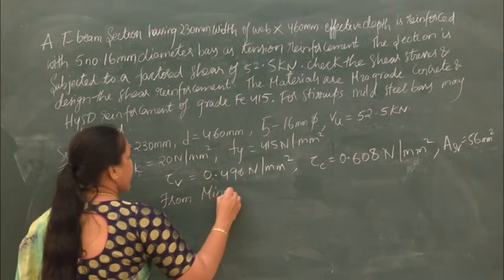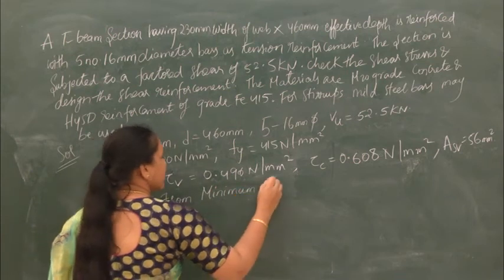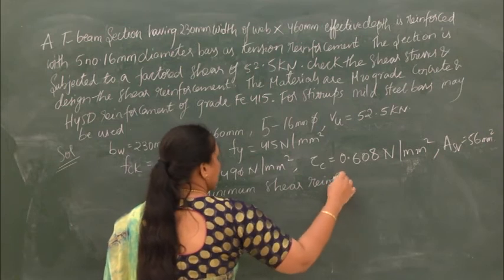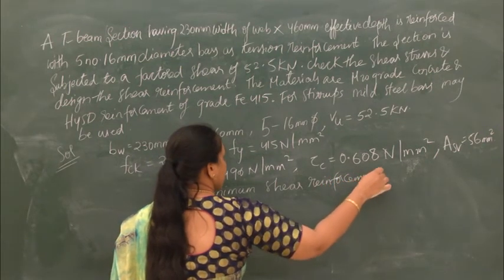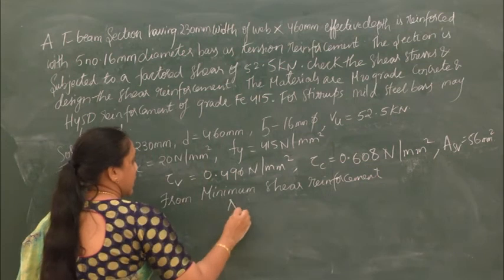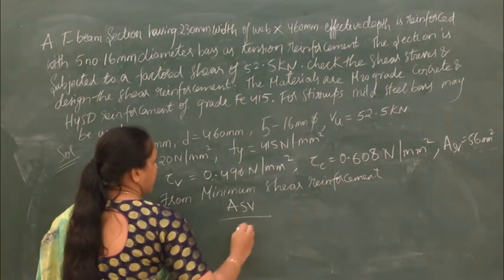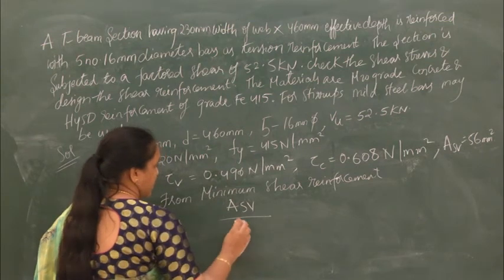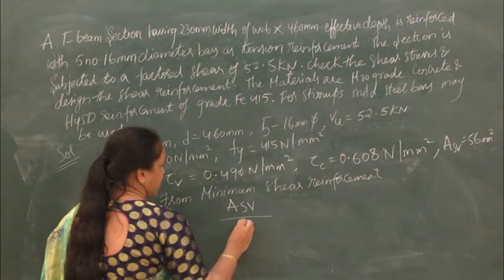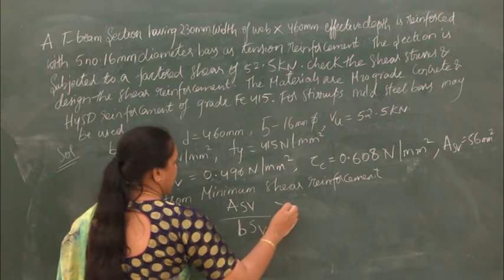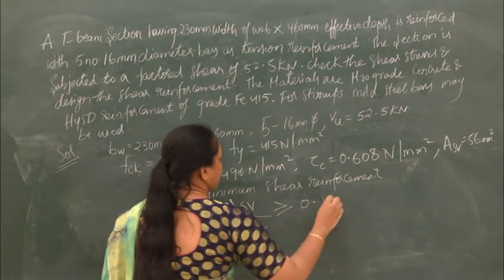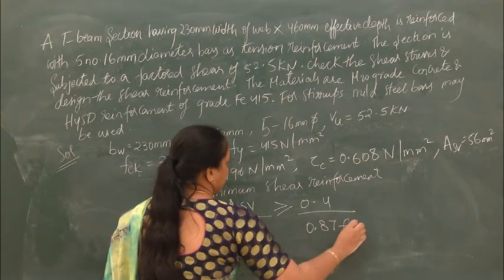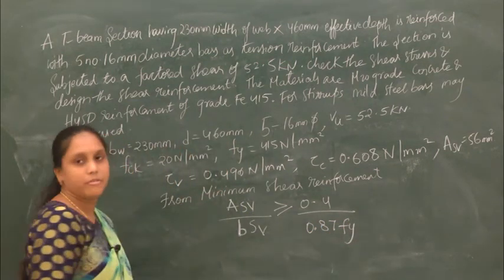Now we have to provide the minimum shear reinforcement. So what is the formula for finding out the minimum shear reinforcement? It is ASV by B into SV greater than or equal to 0.4 by 0.87 into Fy.